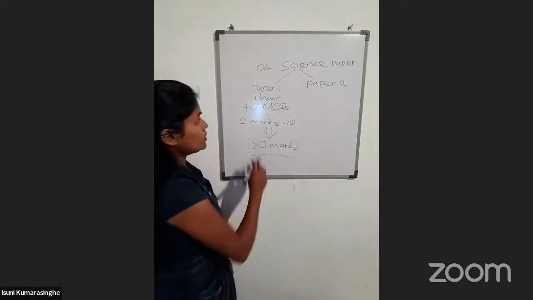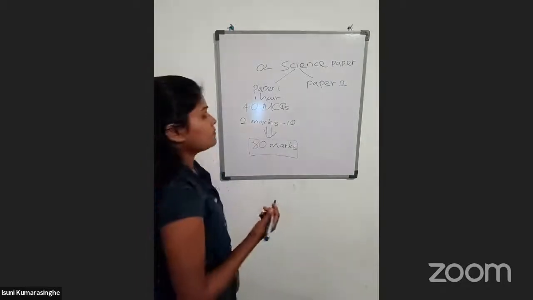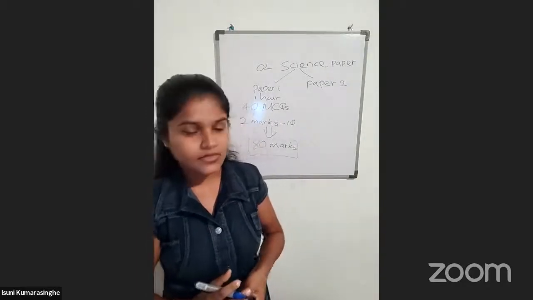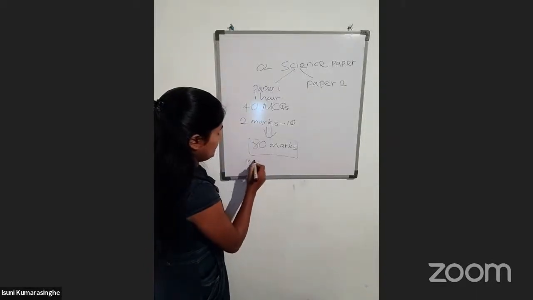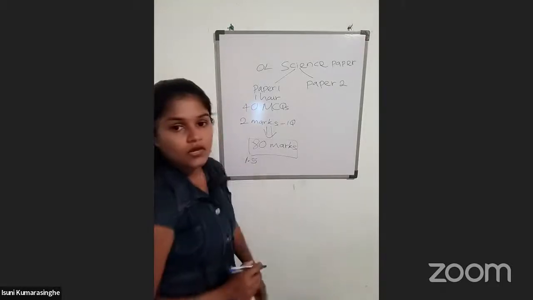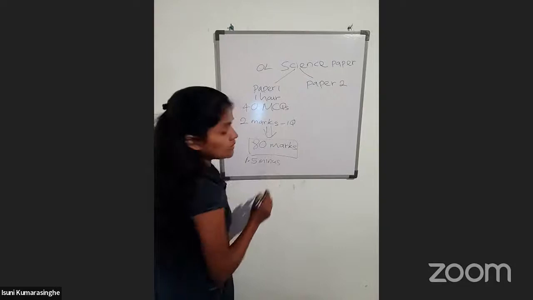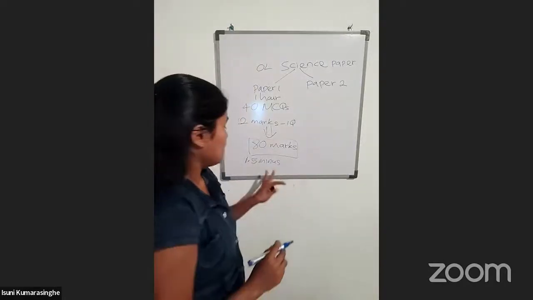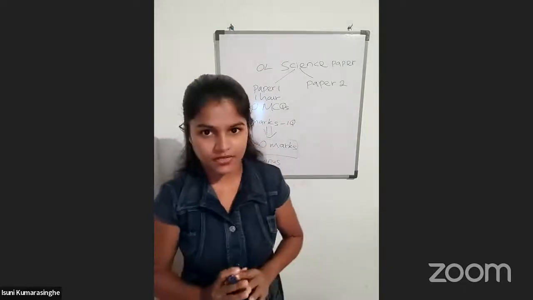Then I want to say, when you practice with the past paper or the model paper questions, use 1.5 minutes roughly to complete 1 MCQ question. But the 40 questions are not all the same type.